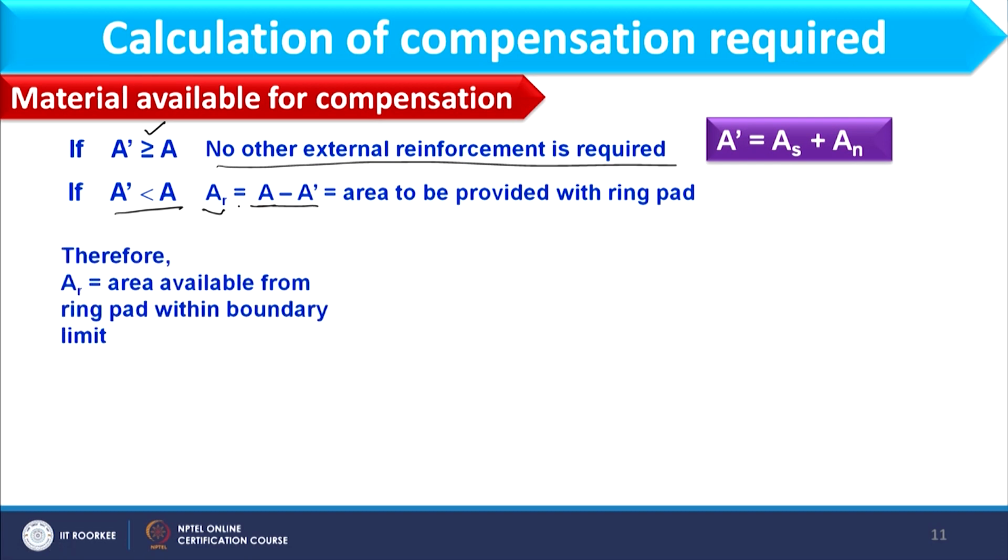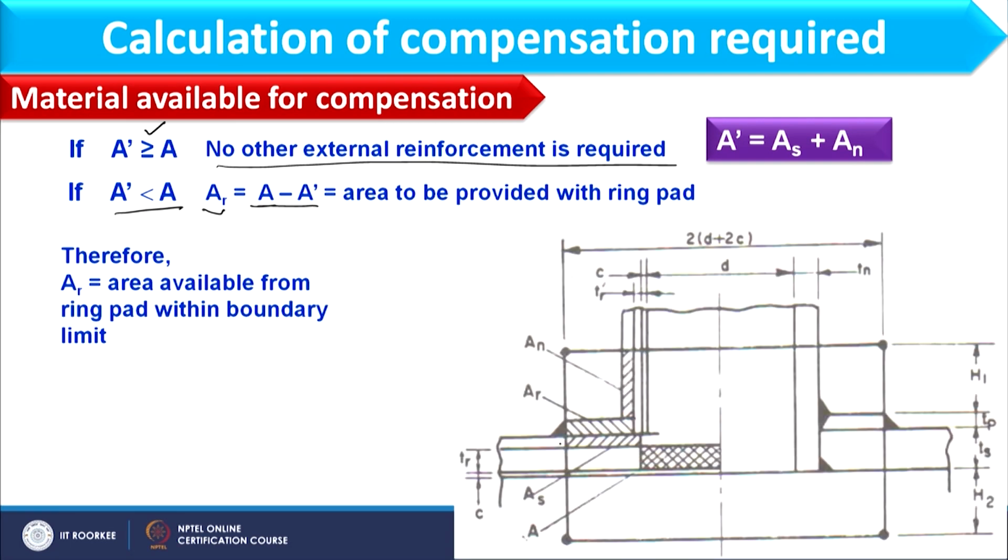So, AR is the area available from the ring pad within the boundary limit. You can consider this image where AR is basically this value. Actually, AR should be considered from here, not from here, because that compensation will be placed beyond the nozzle surface. So, AR should be calculated from this.